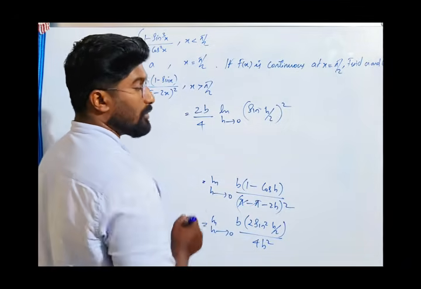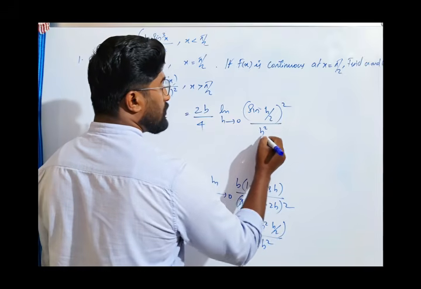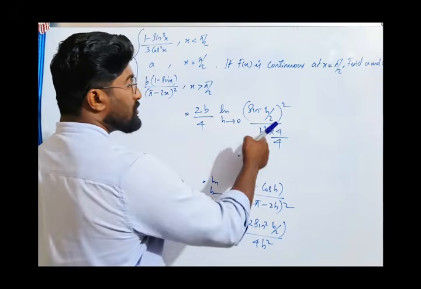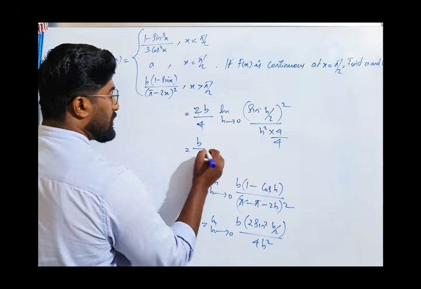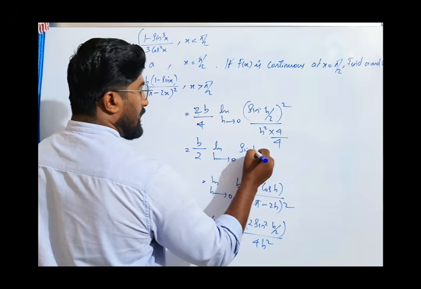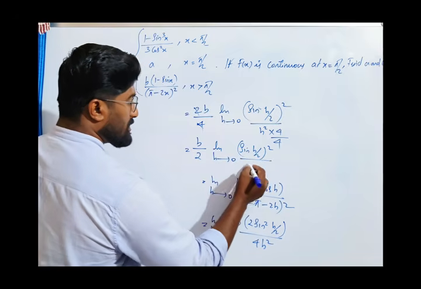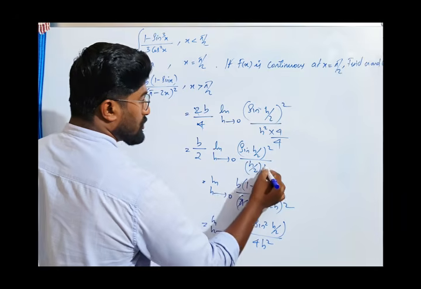So for easy calculation, I am going to multiply numerator and denominator by 4, and this we are grouping here. Then after cancelling we get b by 2 limit h tends to 0, sine h by 2 the whole square divided by h by 2 the whole square.